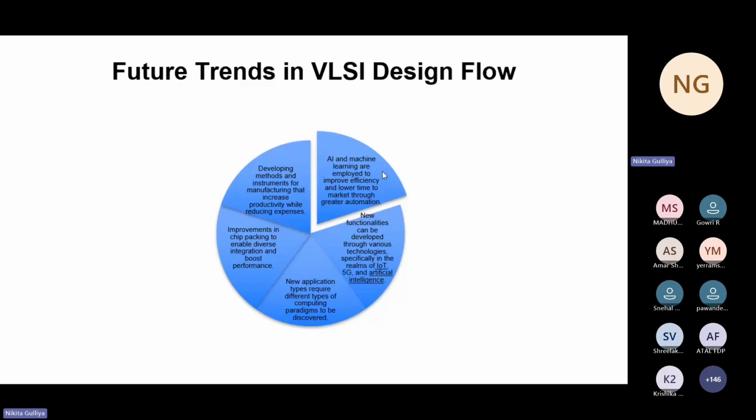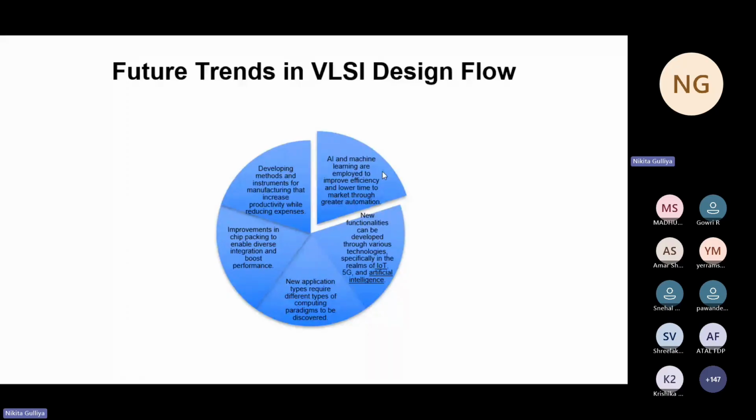Another trend is advanced chip packaging. Technologies such as chiplets and 3D integration allow better performance and higher integration without relying only on transistor scaling. New applications in areas like IoT, 5G, and artificial intelligence are driving the need for new architectures and design methodologies.